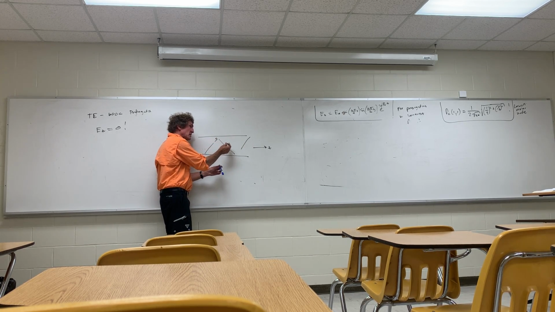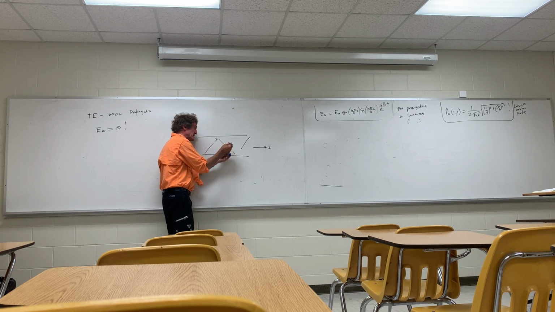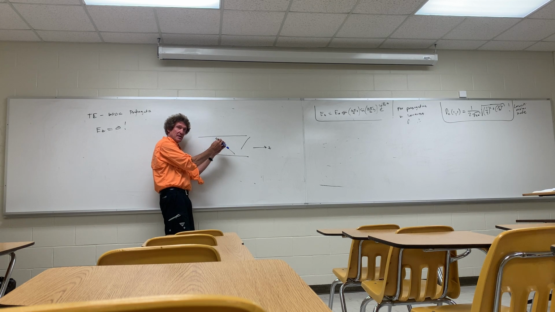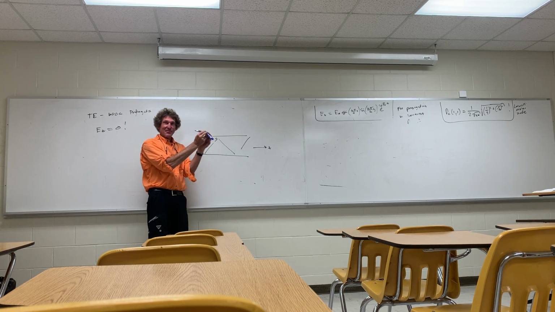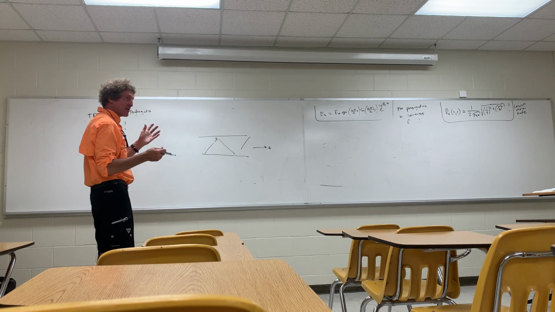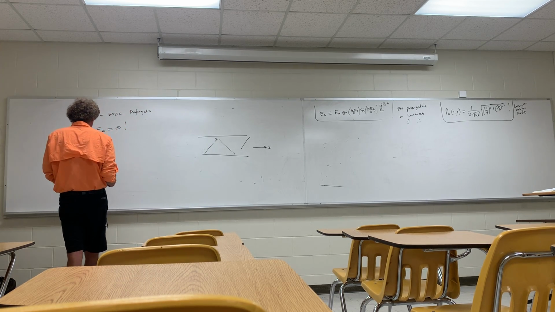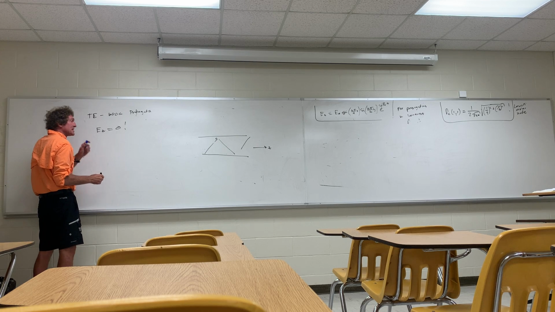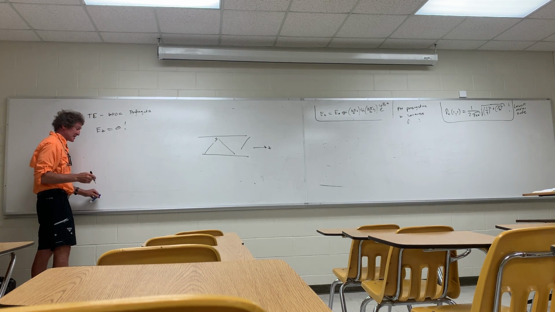So if it's going this way, E cross H means the H field would be this way, and the H field has a Z component. It's never easy, but you're going to have to go with it. So for TE mode, transverse electric, EZ is 0, but we do have an HZ.